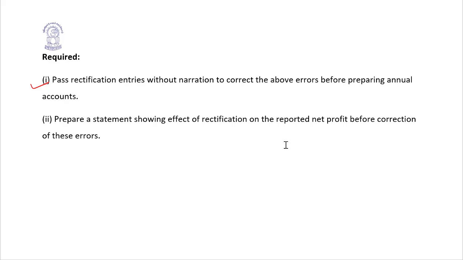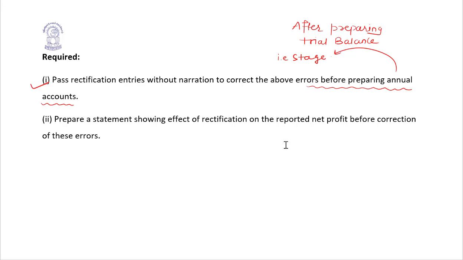What is required? Just see it over here. Pass rectification entries without narration to correct the above errors before preparing annual accounts. Before preparing annual accounts means after preparing trial balance. That is stage 2.